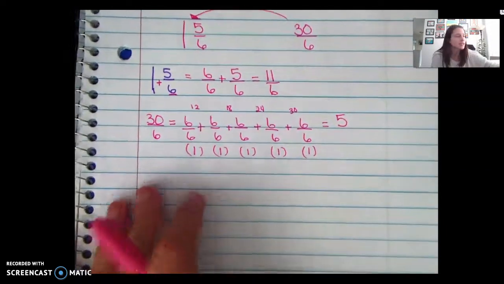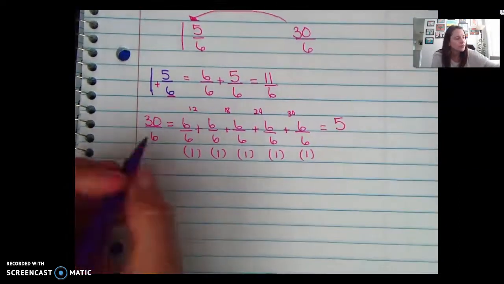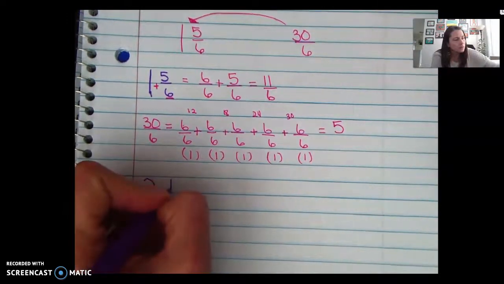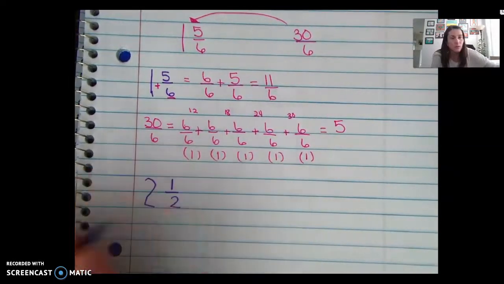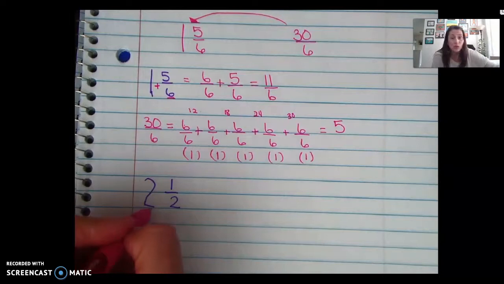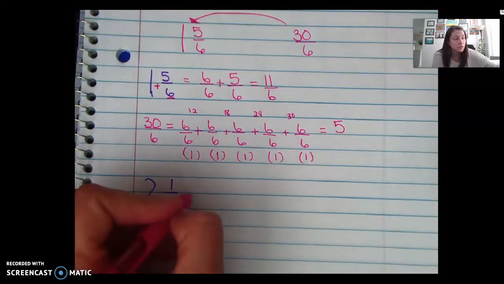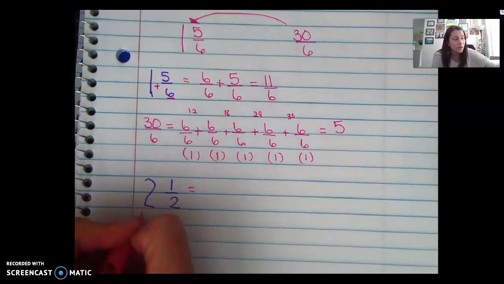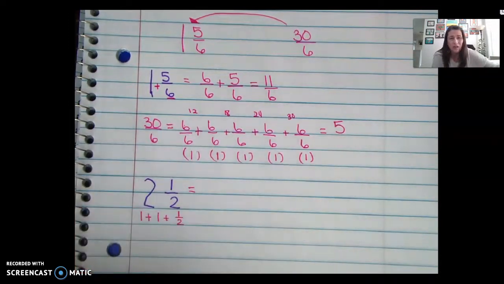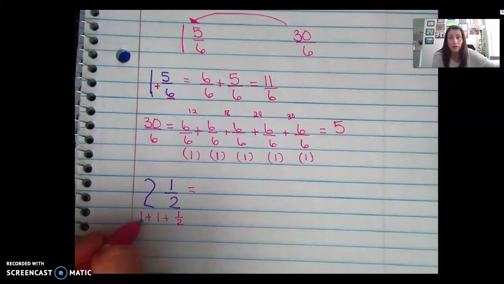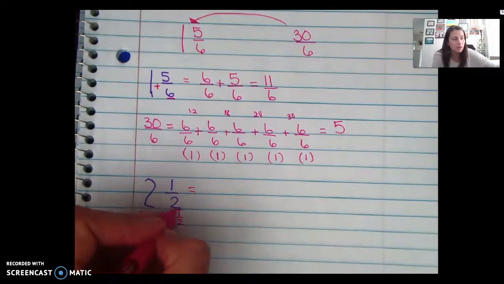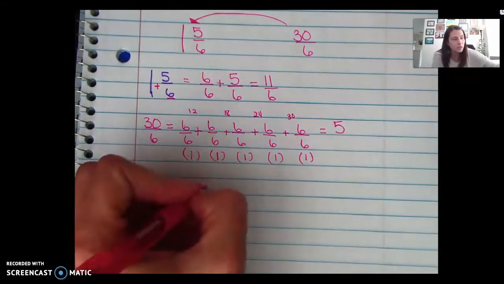All right, so let's do 2 1/2. So with that, I have to think. I have 2 wholes now. So I'm going to break this into 1 plus 1 plus 1/2. That's my thought. So then I've got to change my 1 to a fraction, and I look at my denominator. So the whole is going to be 2/2.